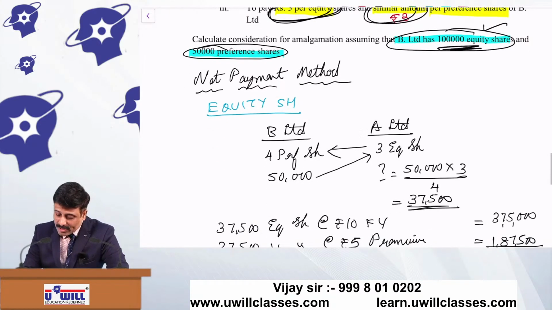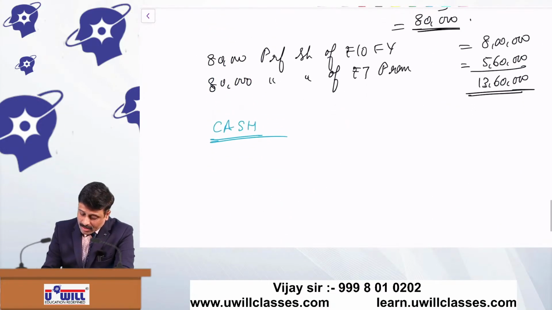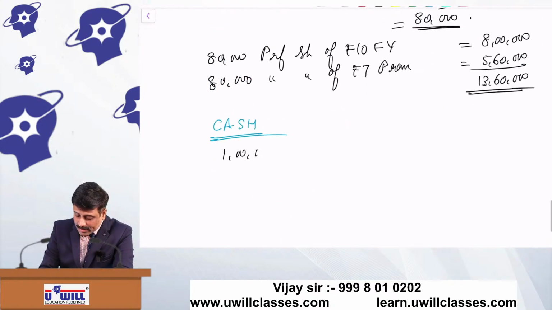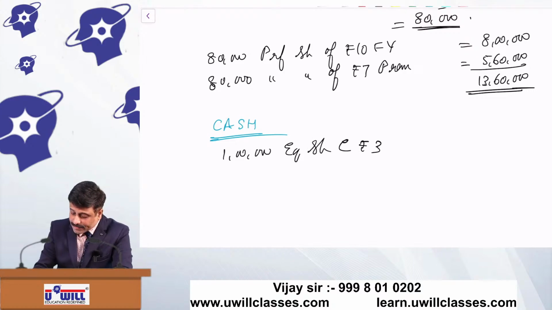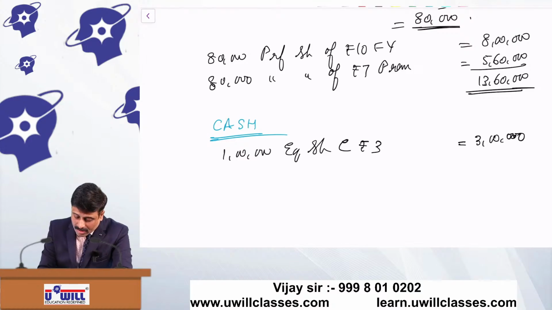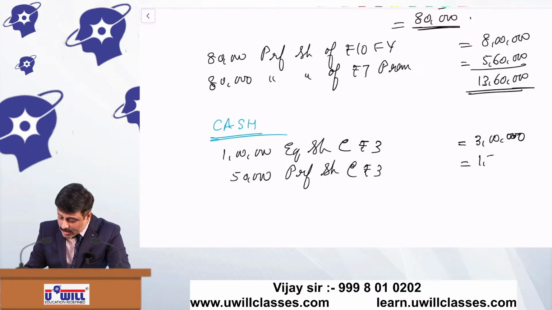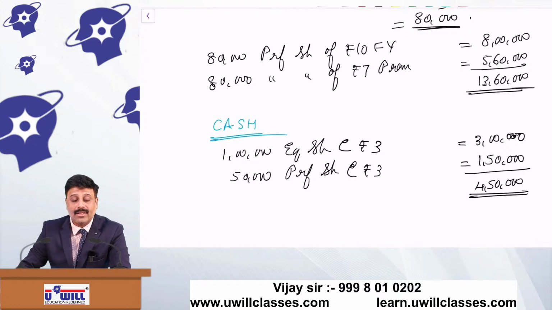So this 1 lakh equity shares will get 3 rupees, that is 3 lakhs, and 50,000 preference shares will also get 3 rupees, that is 1,50,000.